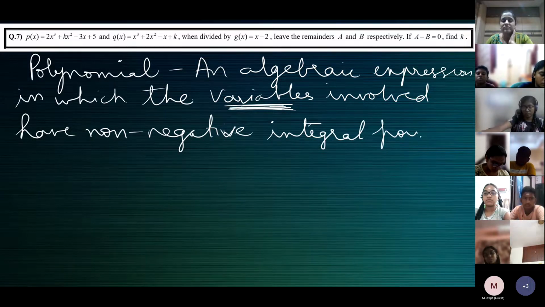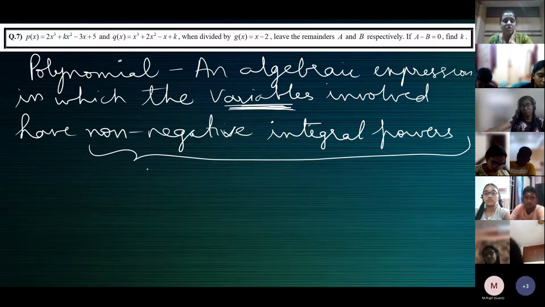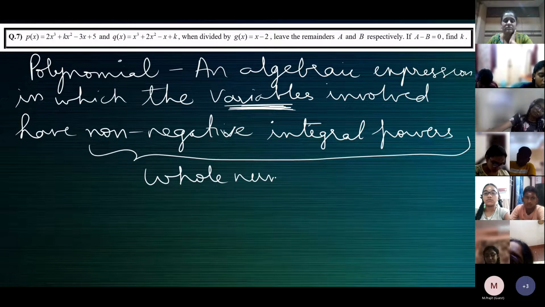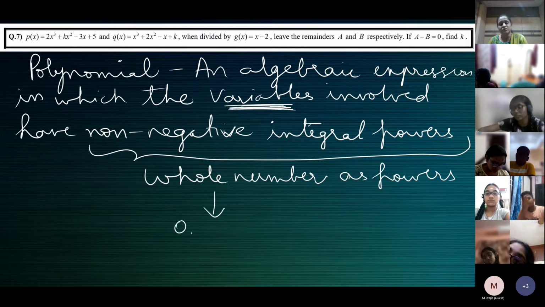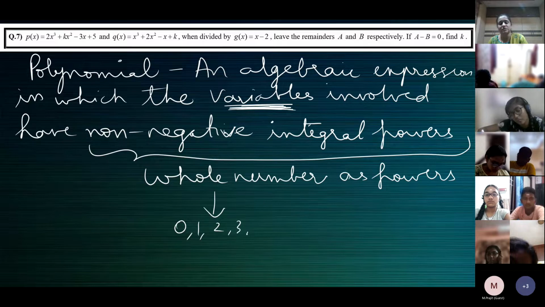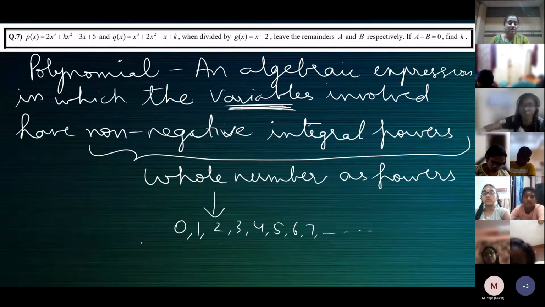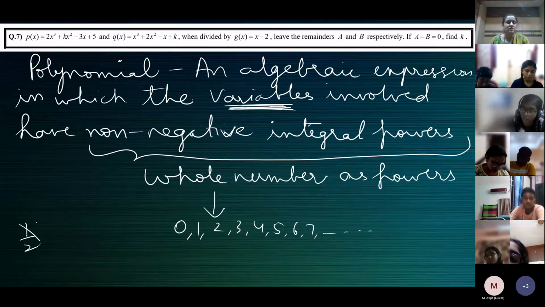The meaning of the phrase non-negative integral powers is whole number powers. That means the power can be 0, 1, 2, 3, 4, 5, 6, 7, 8, 9.